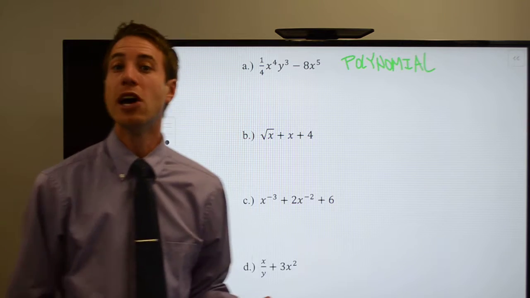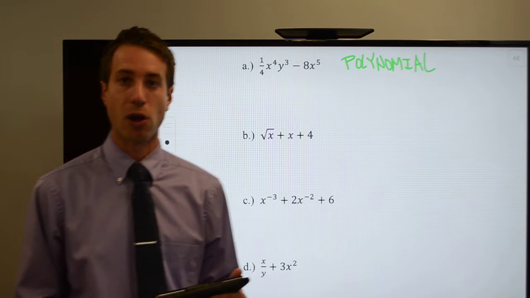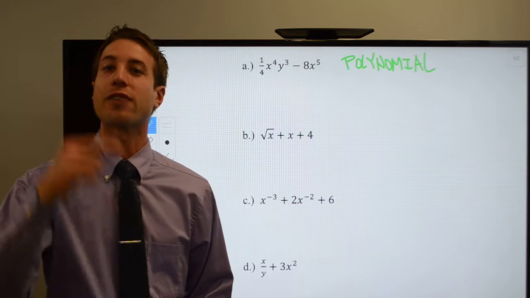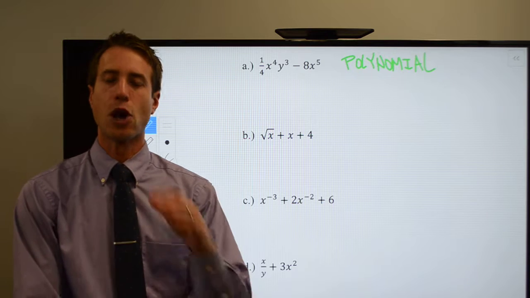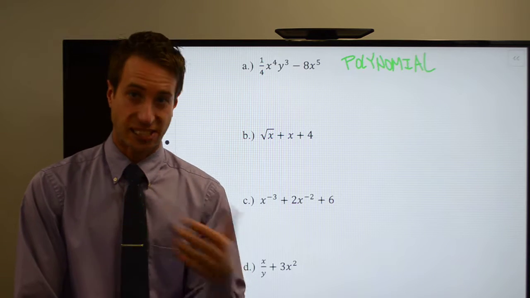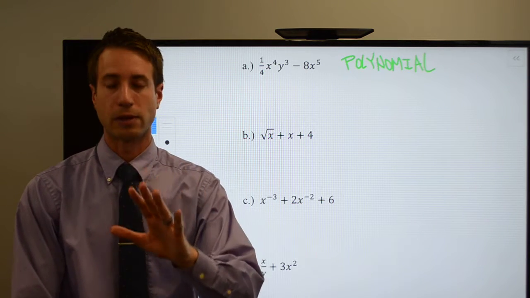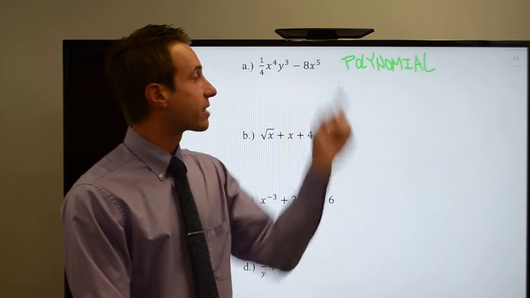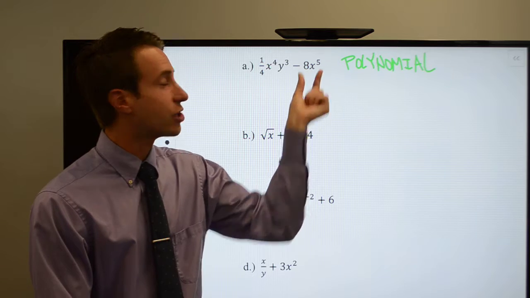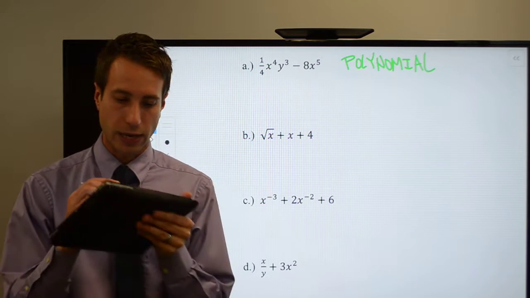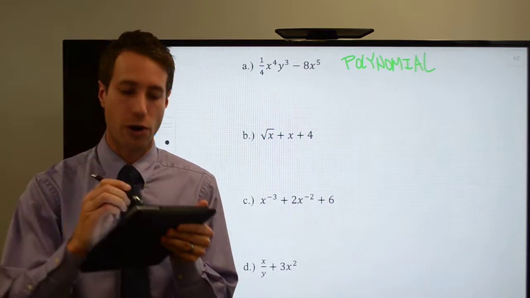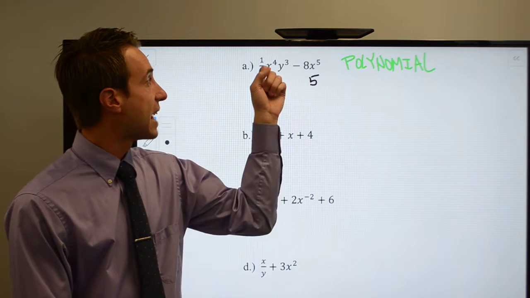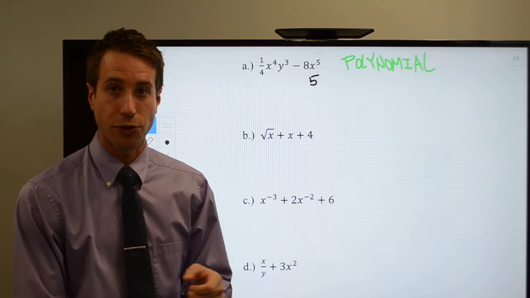So now what I need to do is figure out the degree of the polynomial. If you remember, here's how we do it. Using that definition, you figure out the degree of each of the terms. The way that works is you just sum the powers of each of the variables. I have an x to the 5th, which means this term is a 5th degree monomial. I have an x to the 4th and a y to the 3rd.